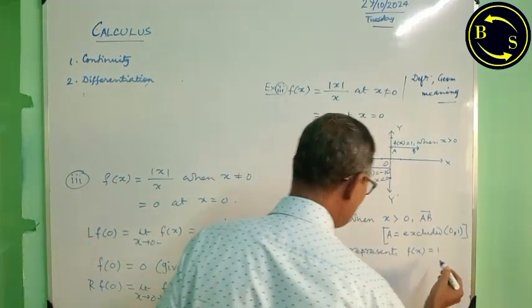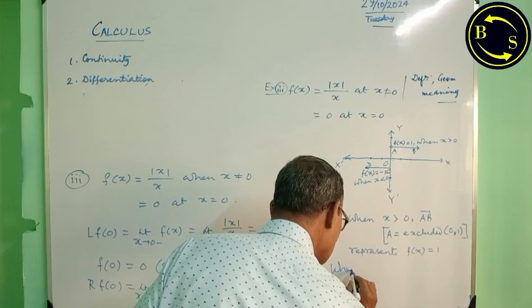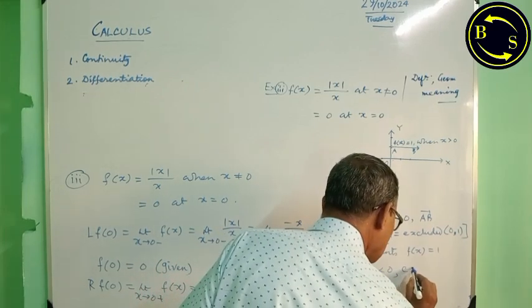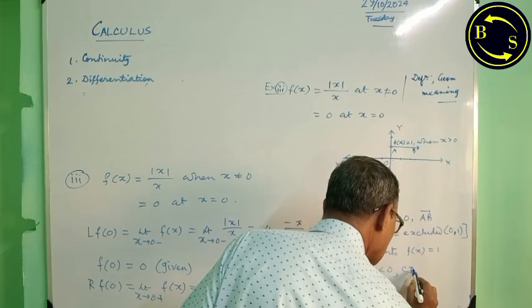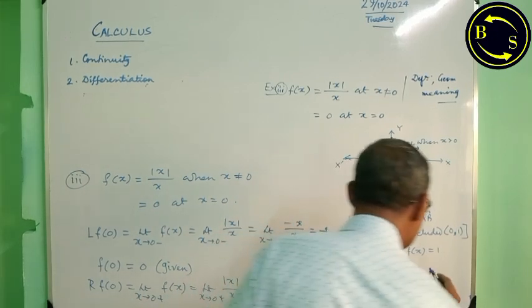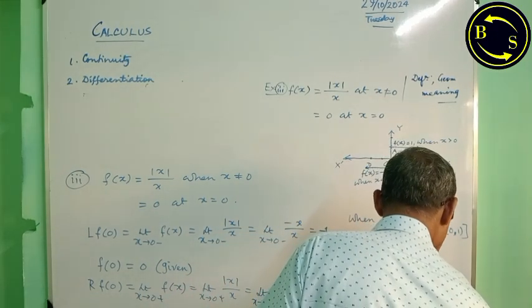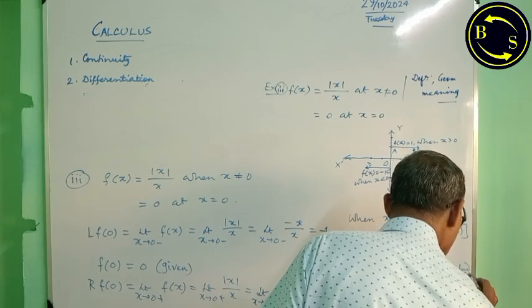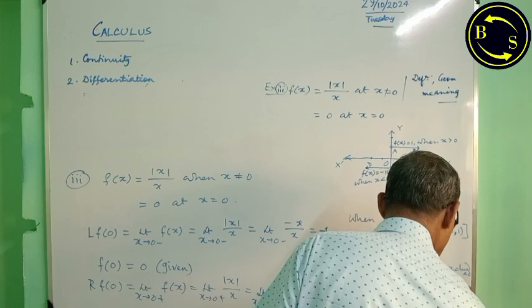When x is less than 0, CD, C is excluded, 0 minus 1.